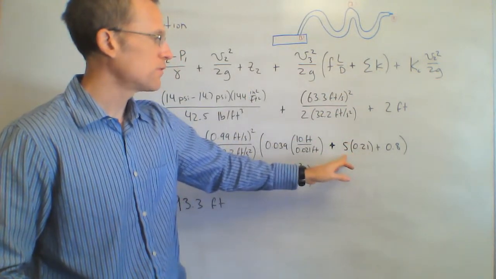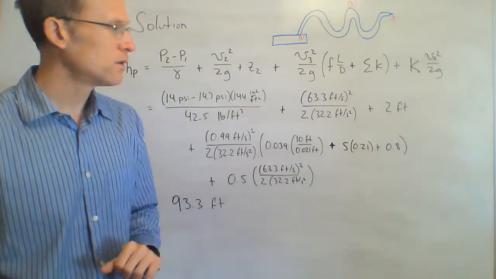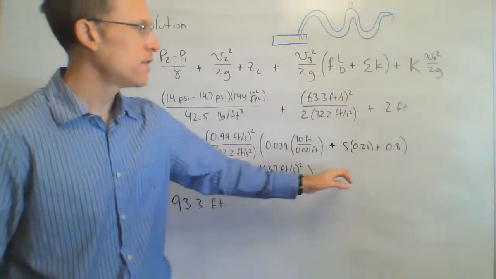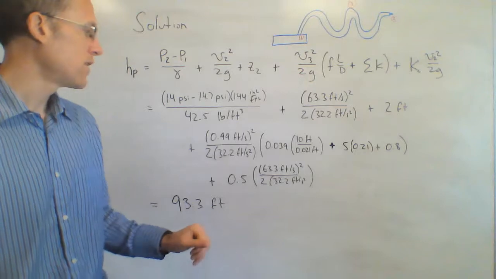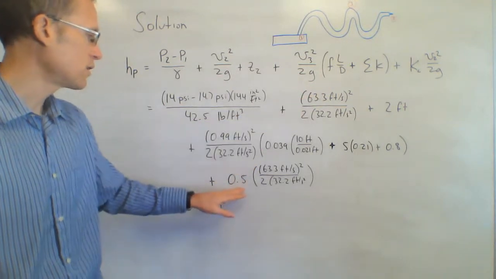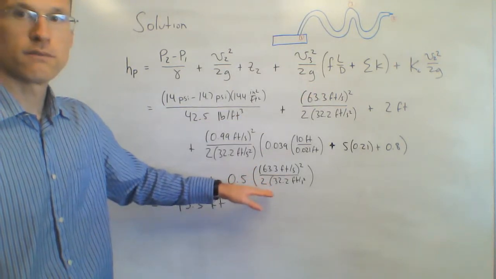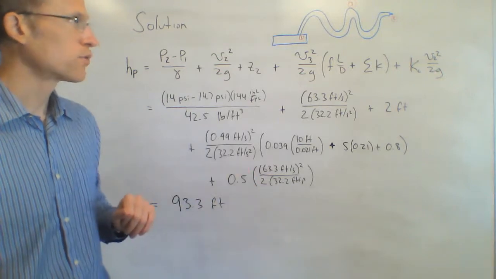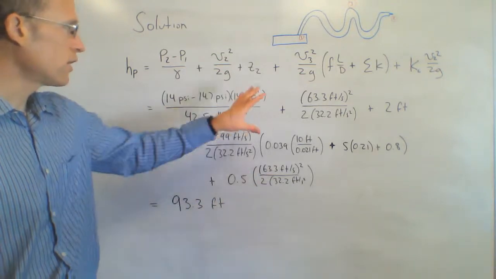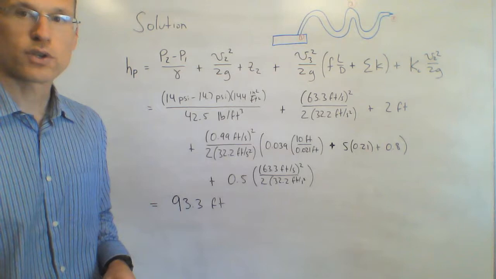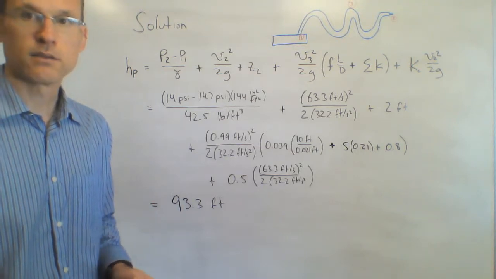I have 5 of them, so 5 smooth bends, 0.21 for the K values, plus the entrance of 0.8, and then the contraction, K value 0.5, that depends on V2, 63.3. So all that together gives me 93.3 feet as my necessary pump gain.